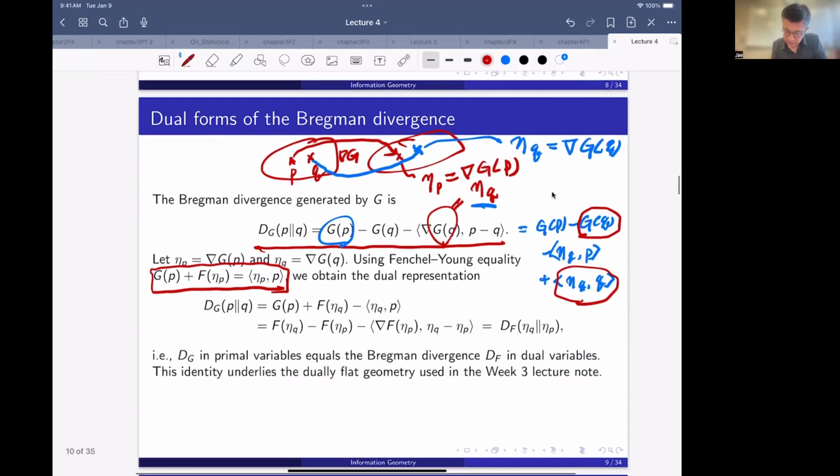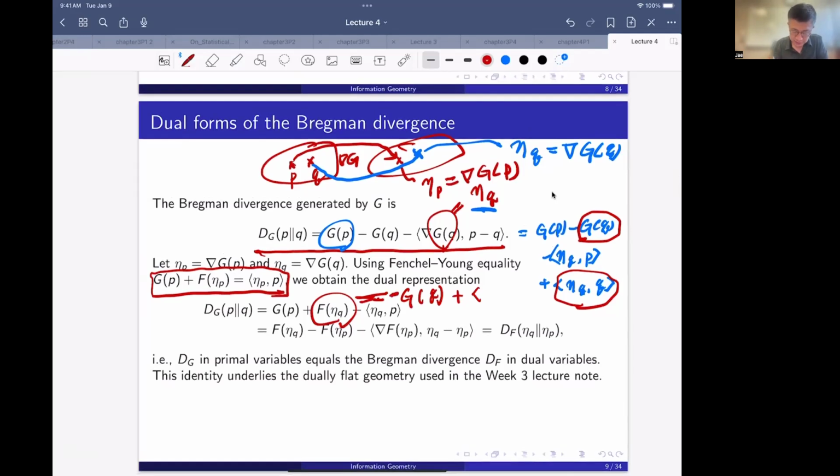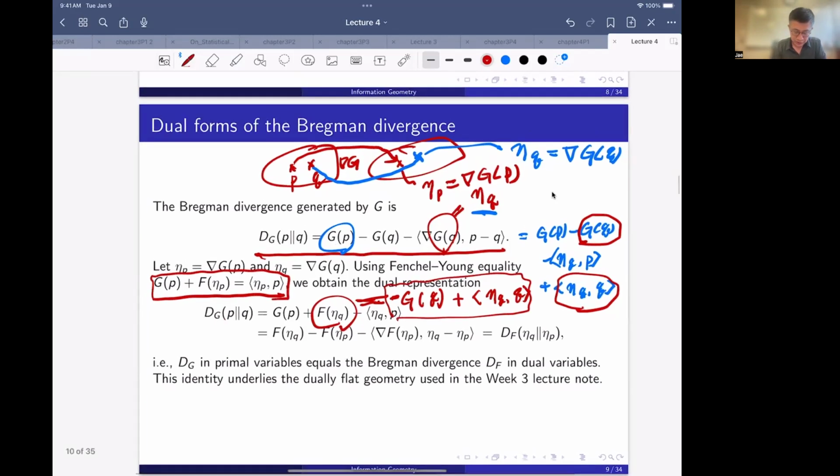So what is this? The sum of the two is called F. So remember, what is F(η_Q)? F(η_Q) is minus G(Q) plus η_Q·Q, right? And so you use that. So you have equality because of that.